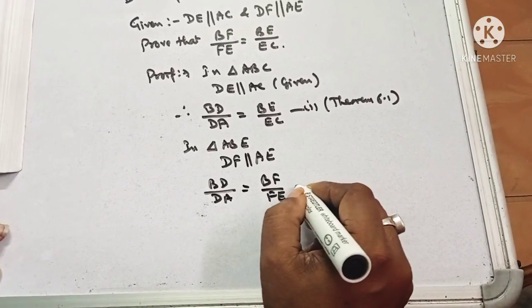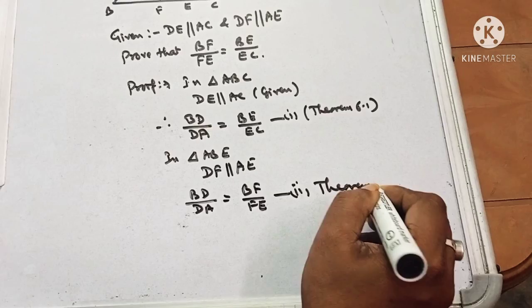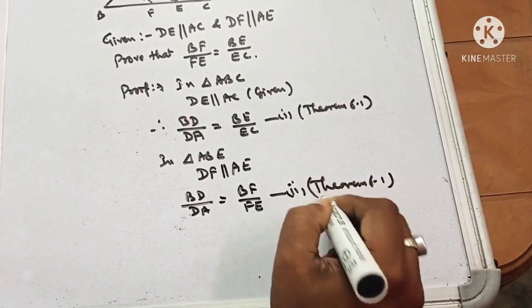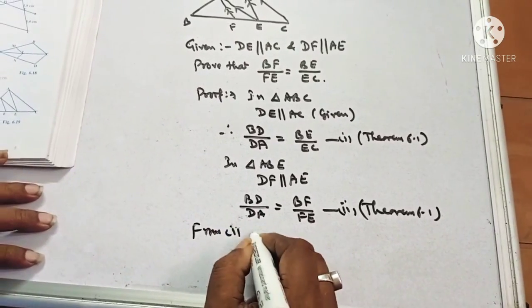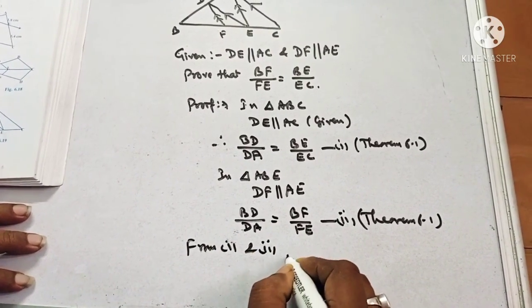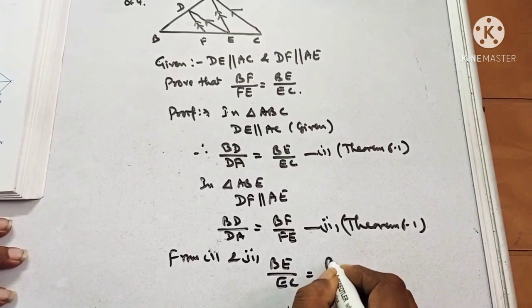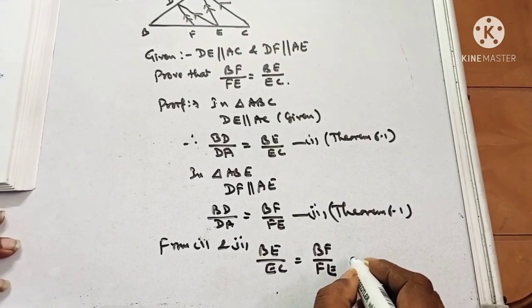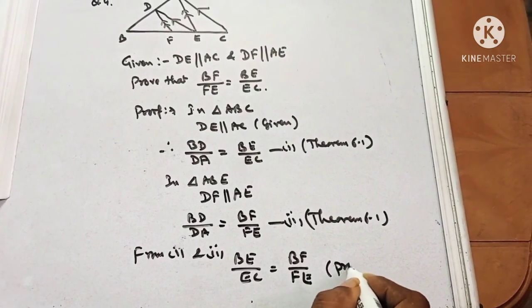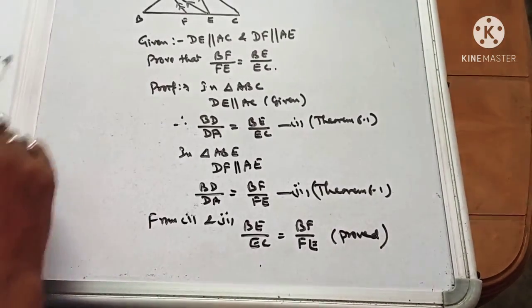This is equation 2 from theorem 6.1. From 1 and 2 we get BE by EC is equal to BF by FE. So here I have proved the statement. So this is question number 4.